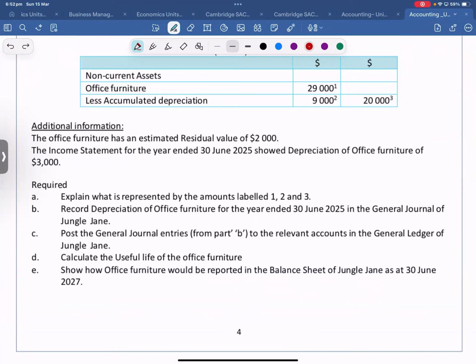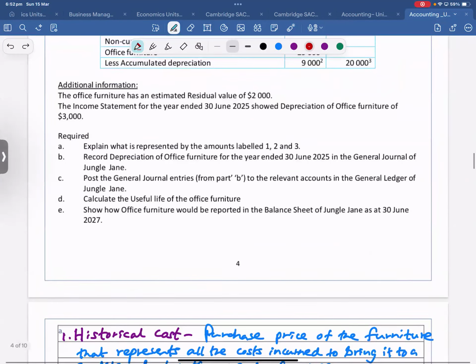We haven't been given the residual value. 2000 has been given. Then we haven't been given the useful life. Have we? 3000. Yes, it says 3000. You don't have to worry, calculate. It's already given. We have to read the question.